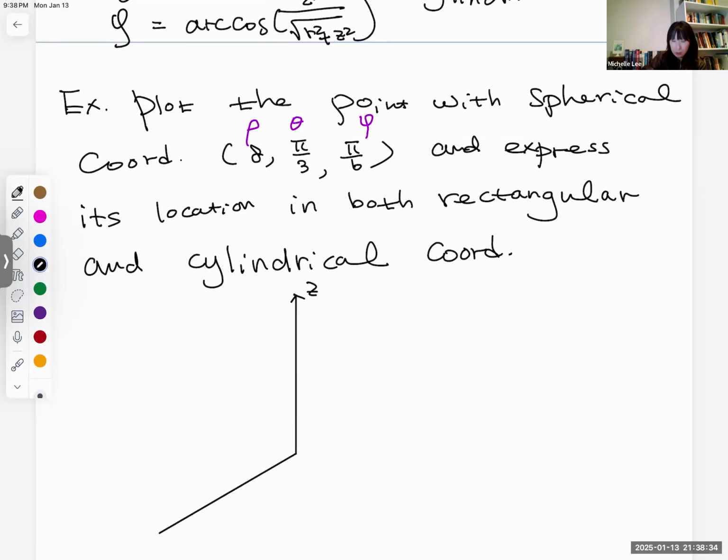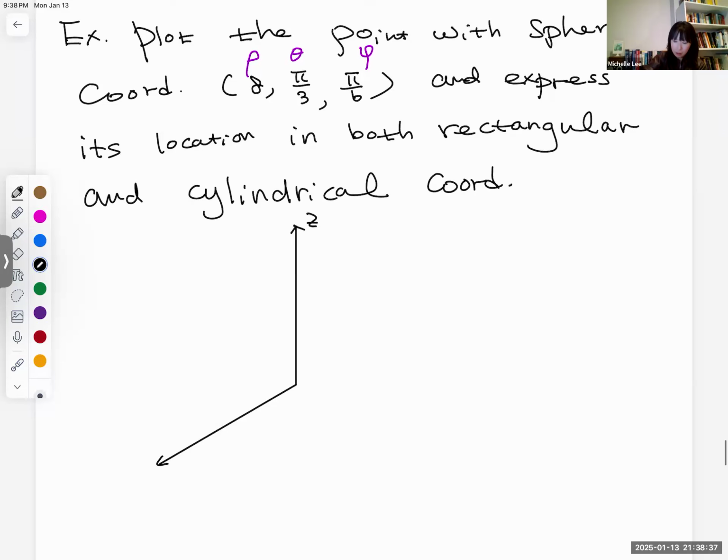Z, you cannot see X. Okay, rho is the distance from the origin to the point. So we don't know the point, we have to do that, right? Let's approximately make it 8 then. So maybe we can do 8 later.